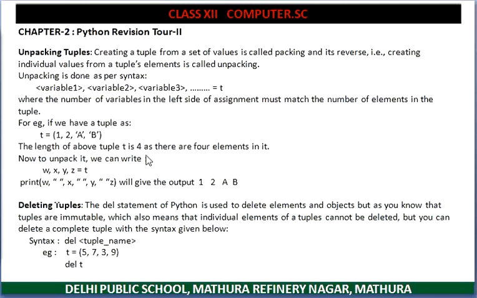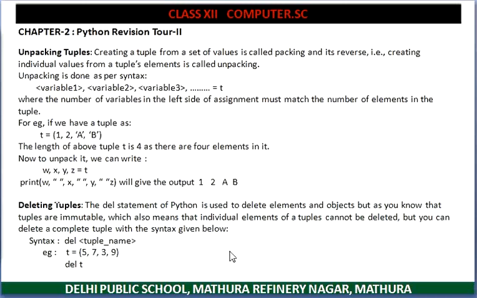Here the length of the tuple is 4. To unpack this tuple we write w, x, y, z = t. Here there are 4 variables before the assignment, and the number of elements in the tuple is 4. So w stores 1, x stores 2, y stores a, and z stores b. If you print w, x, y, z, it will give the output 1 2 a b.